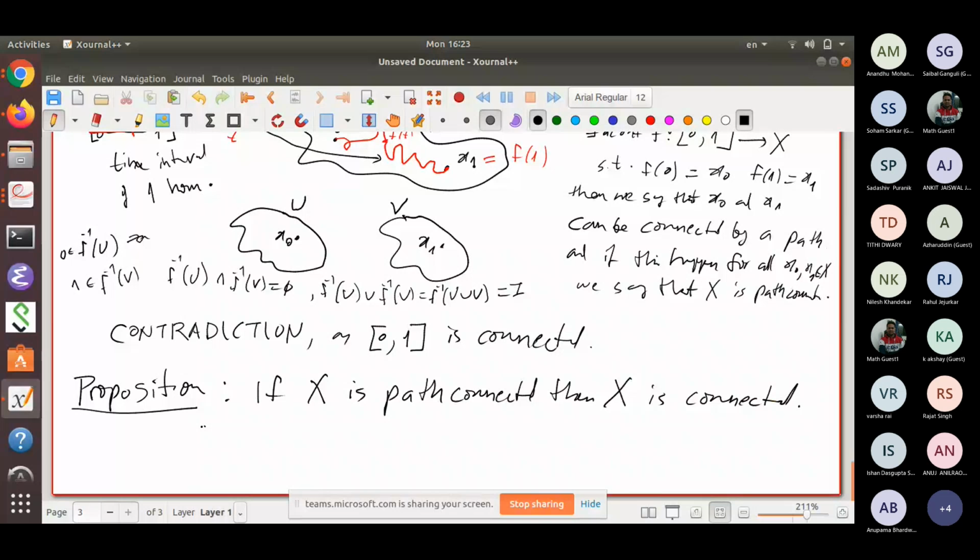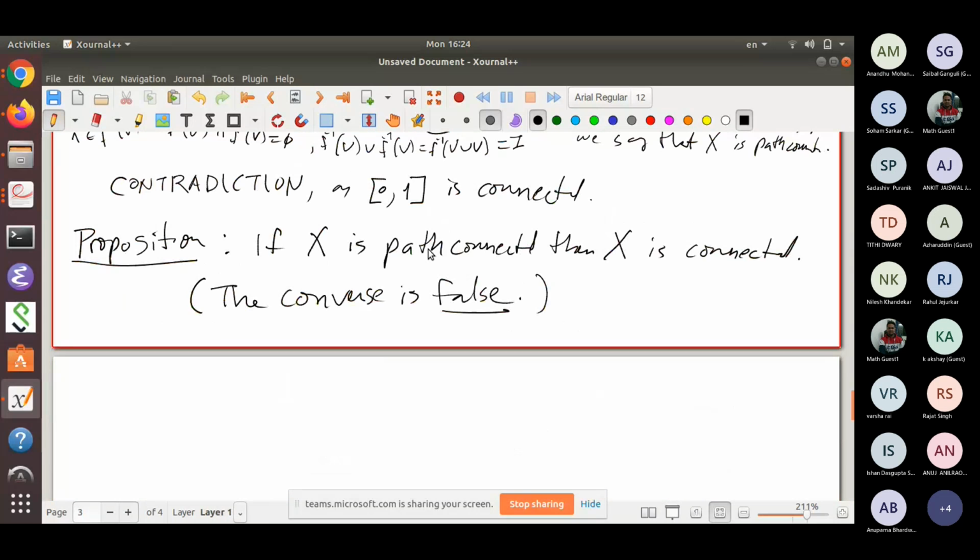The converse is false. Okay. There are connected spaces which are not path connected. And I'm asking you, give an example.